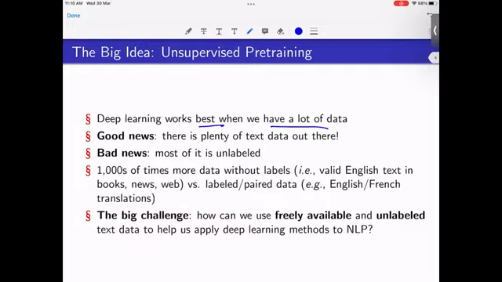Many of these methods come from a pretty early time of AI. LSTMs are from the early 90s, and even RNNs were there before that. ConvNets are also from the 90s.